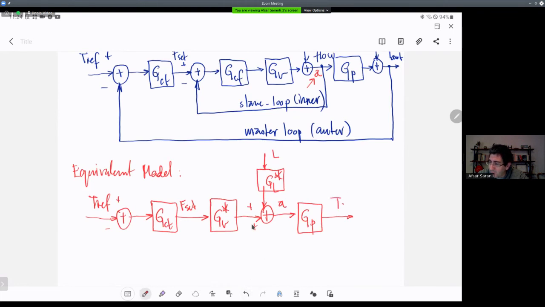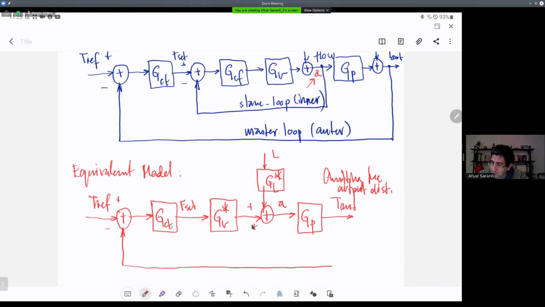I'm omitting the output disturbance because that's not our focus right now. T out is being measured again with the outer loop.